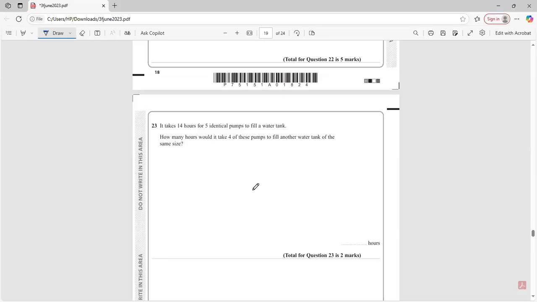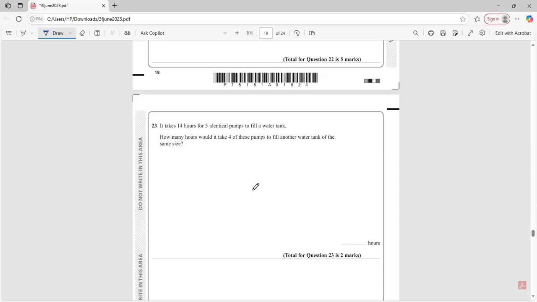The first thing you would ask yourself is, if it took 5 identical pumps 14 hours to fill a water tank, will it take 4 of those same pumps a longer period or a shorter period?